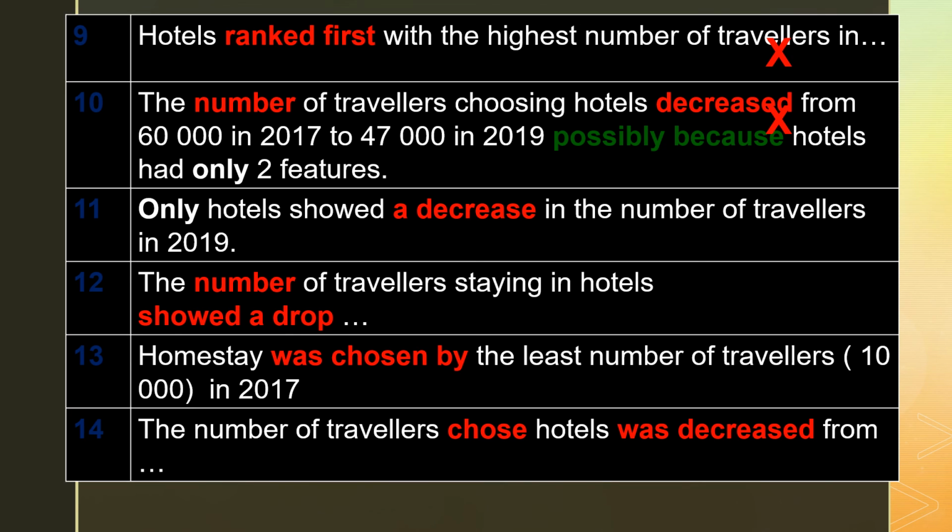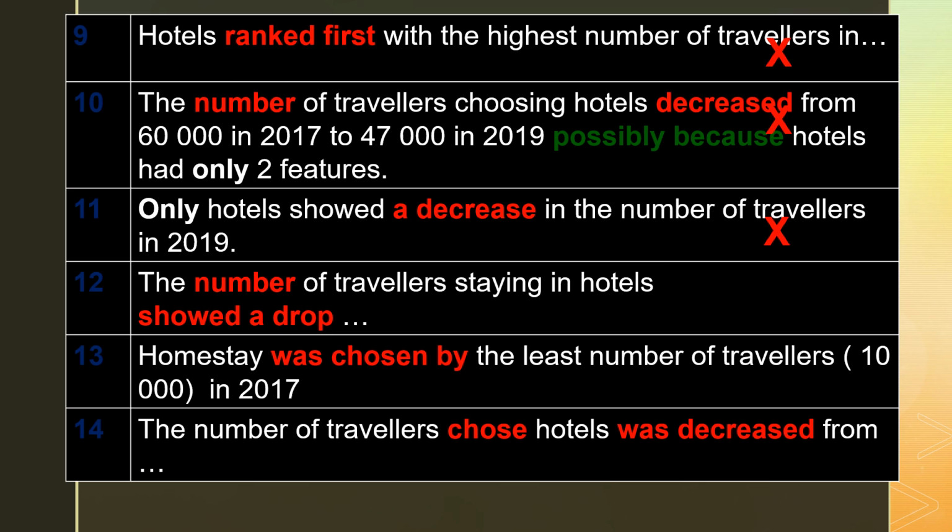There's no, I repeat, there's no features in 2017. You cannot analyze in this manner. Alright. Only hotels show a decrease in the number of travelers in 2019. This is inaccurate.